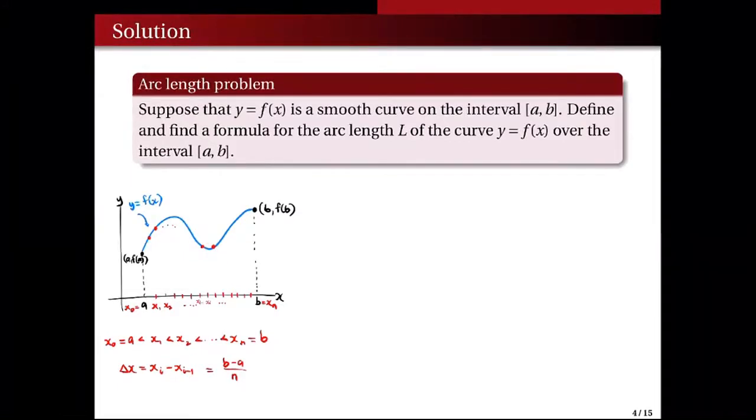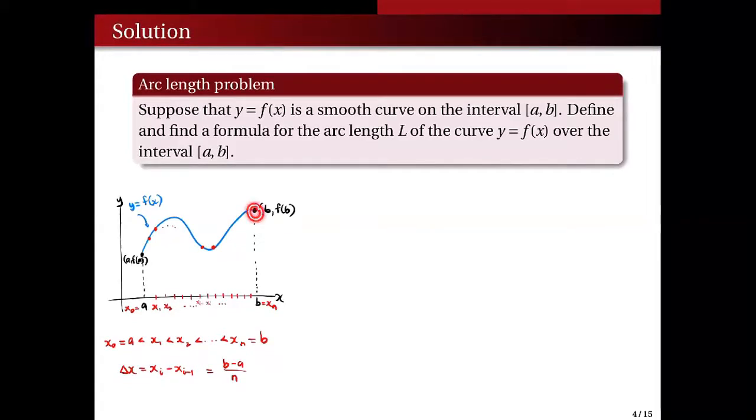And then, of course, you have your b at this point. This is the point where b is evaluated. And of course, before that, this is your point x sub n minus 1, comma, f of x sub n minus 1, okay?